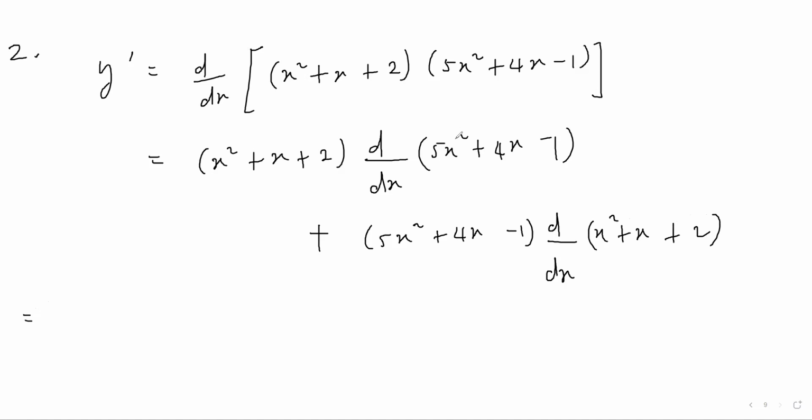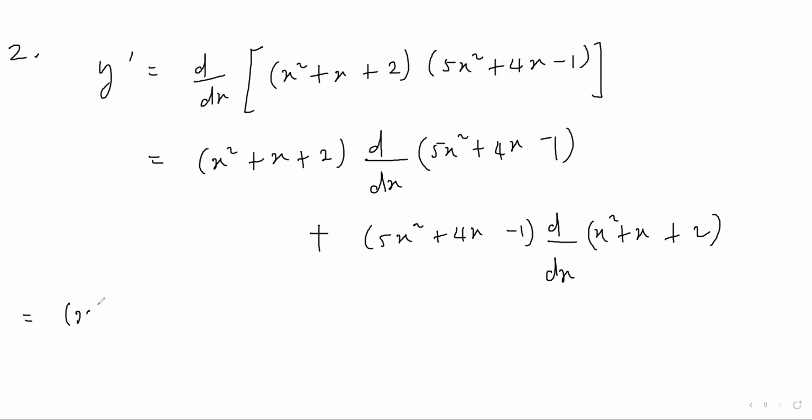Okay, so let's first differentiate the 5x squared plus 4x minus 1. Obviously you're going to differentiate it term by term, because that's what the rules say. Differentiating 5x squared gives you 10x.